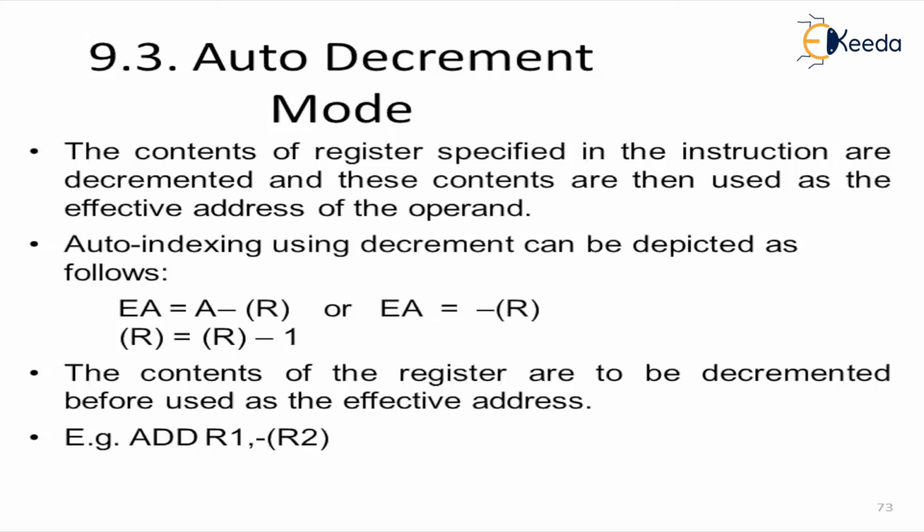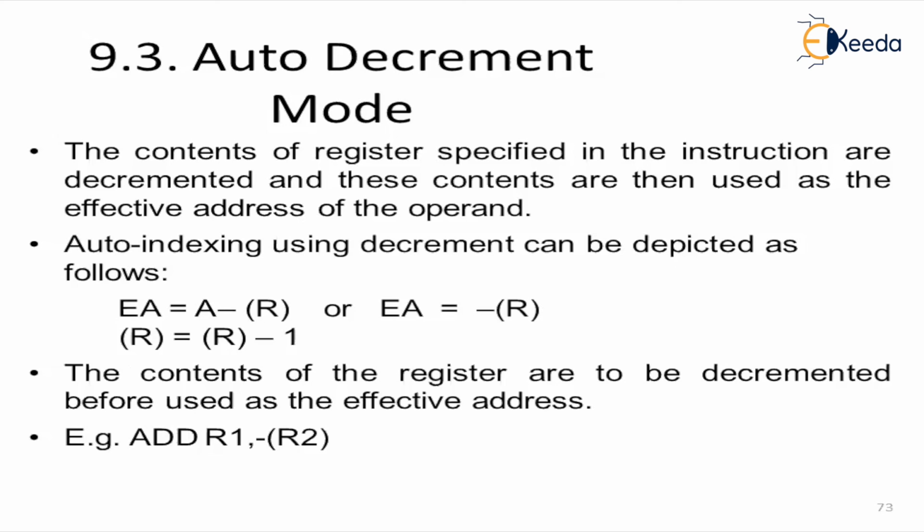For calculating the value of R, you can consider indirect register is equal to the value you get minus 1. So if the value of your memory location is 10, for example, it gets decremented by 1 and the effective address becomes 9.